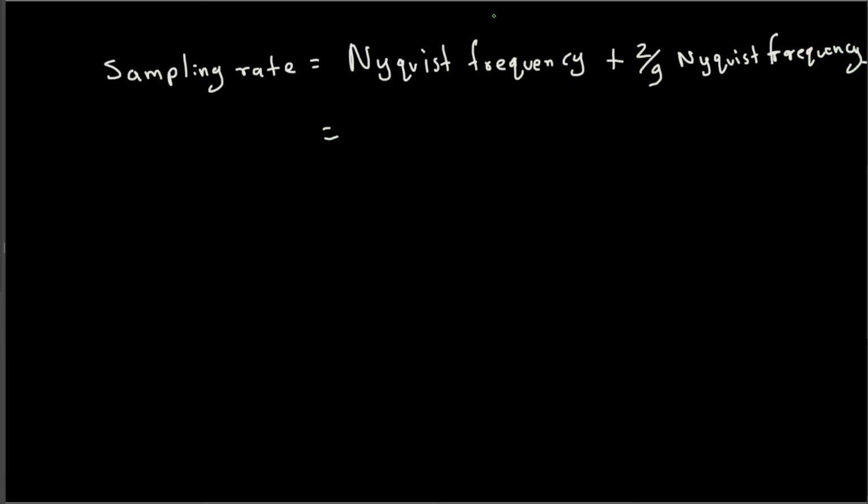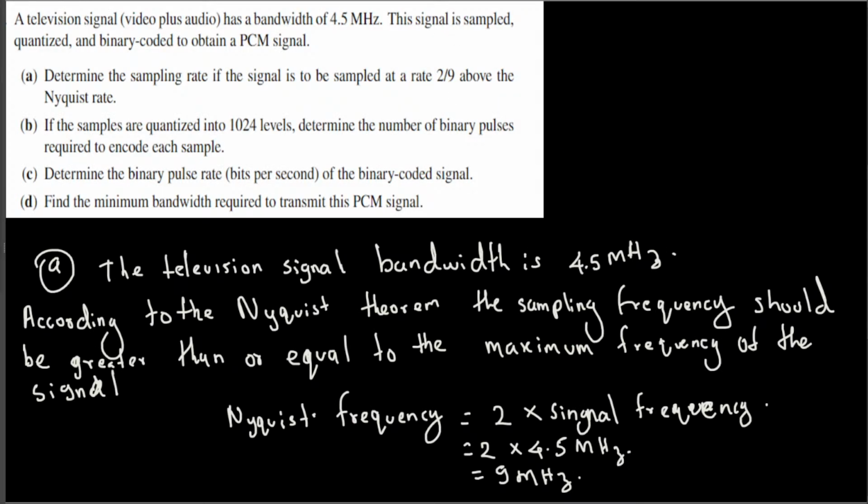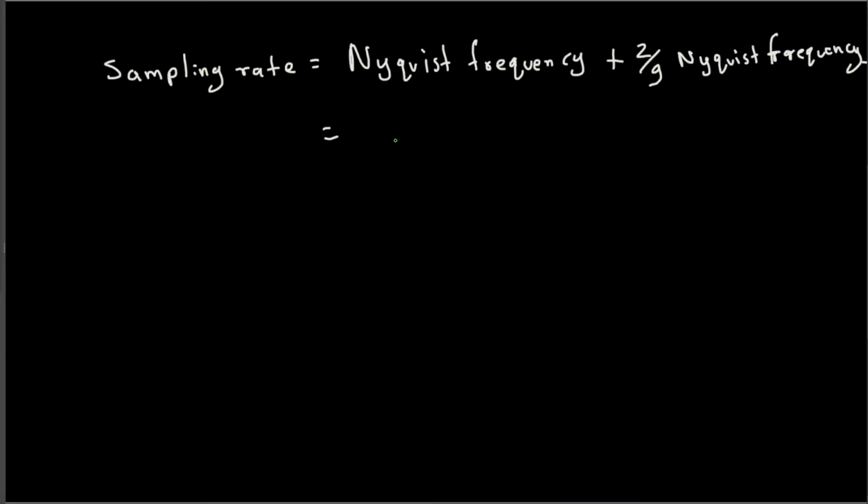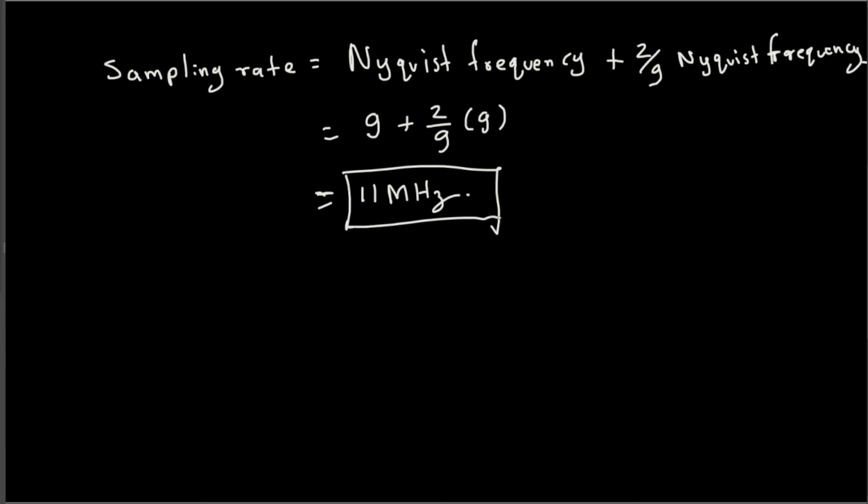The Nyquist frequency we found is 9 megahertz, so let's plug that in: 9 plus 2/9 multiplied by 9 again. The 9s cancel, and 9 plus 2 gives us 11, in megahertz. That's the sampling rate, the A part of the question: 11 megahertz. Now let's look at the B part.